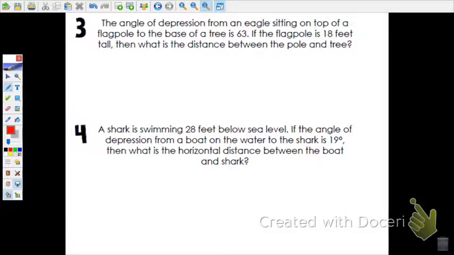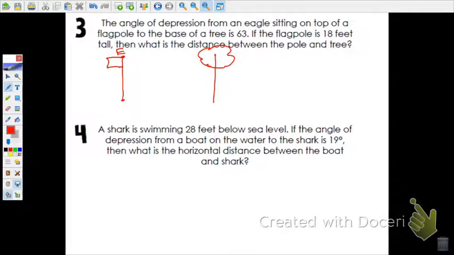Number 3 says the angle of depression from an eagle sitting on top of a flagpole to the base of a tree is 63. Okay? So we've got this flagpole and we have a tree. The eagle is sitting up top, and the angle of depression to the base of the tree is 63.